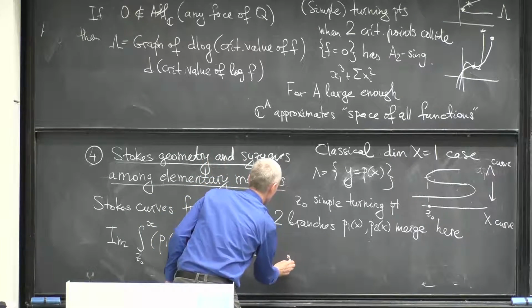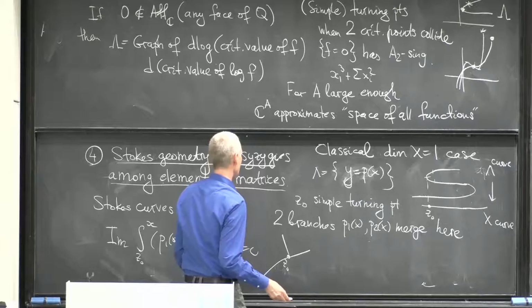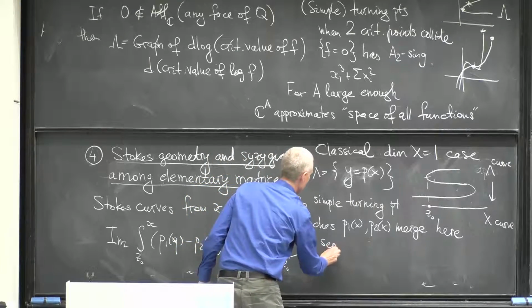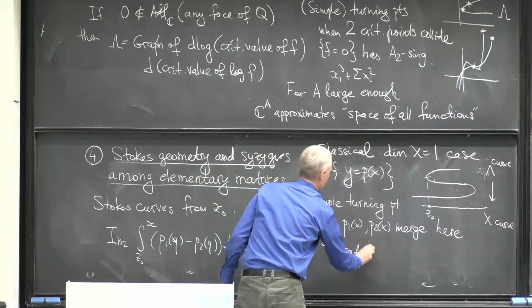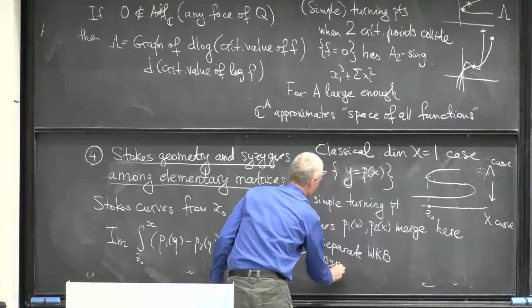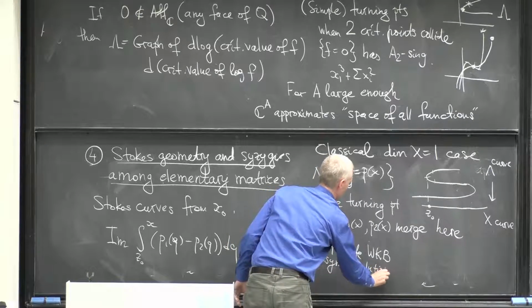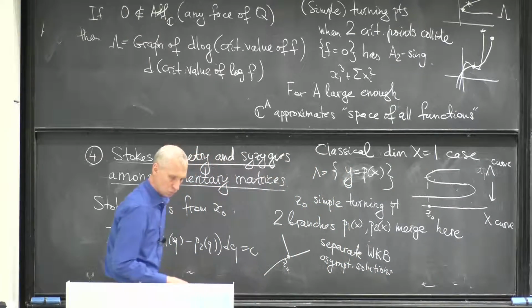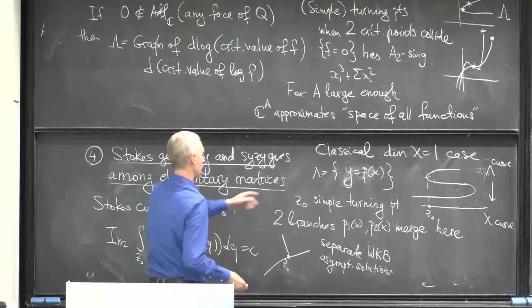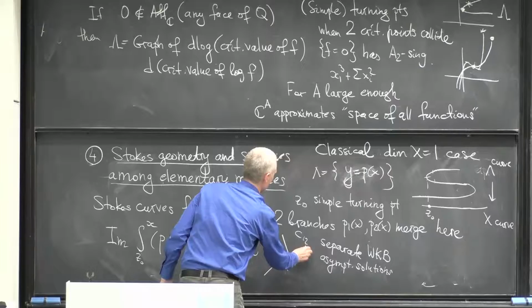So in this, known to separate the asymptotic solution, it would go like this. Three branches will come, and they separate WKB asymptotic solutions. So we can call this curve, if it was p1 equal p2, then we call the whole thing C12.